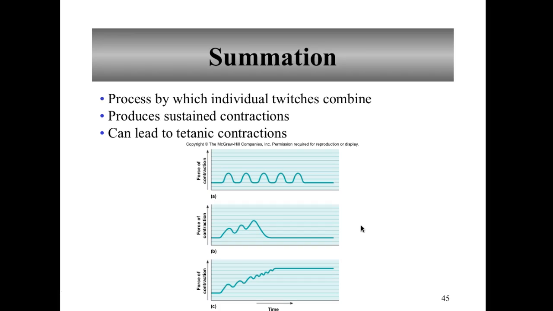So in a sustained muscle contraction, the force of the individual twitches combines in a process that we call summation. So you're adding those all together. When the resulting sustained contraction lacks even a slight relaxation period, it is called a tetanic contraction. So there you have a little bit about summation there.